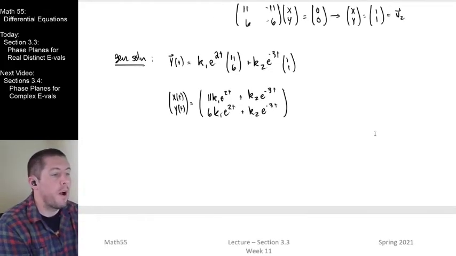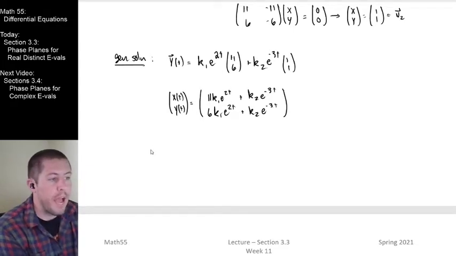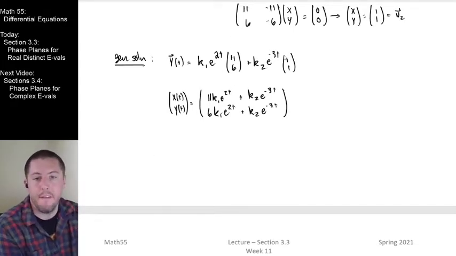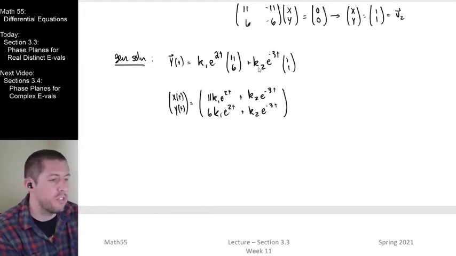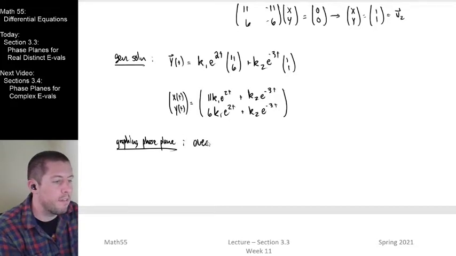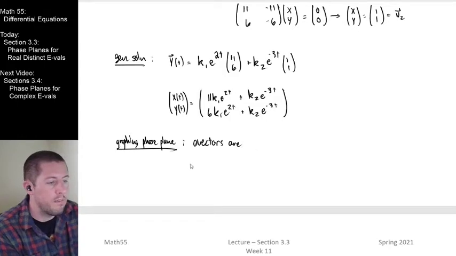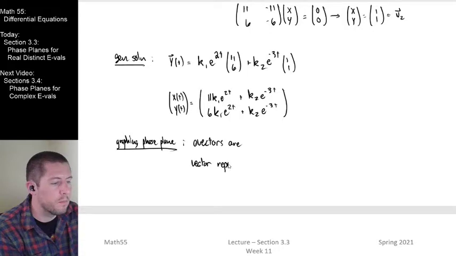So if I want to graph my phase plane, I can graph my two eigenvectors, which are representations of my straight line solutions. So, graphing the phase plane, my eigenvectors are vector representatives of our straight line solutions.